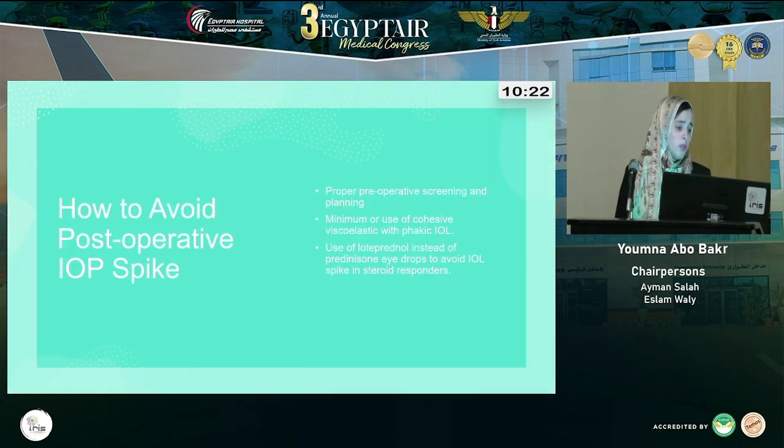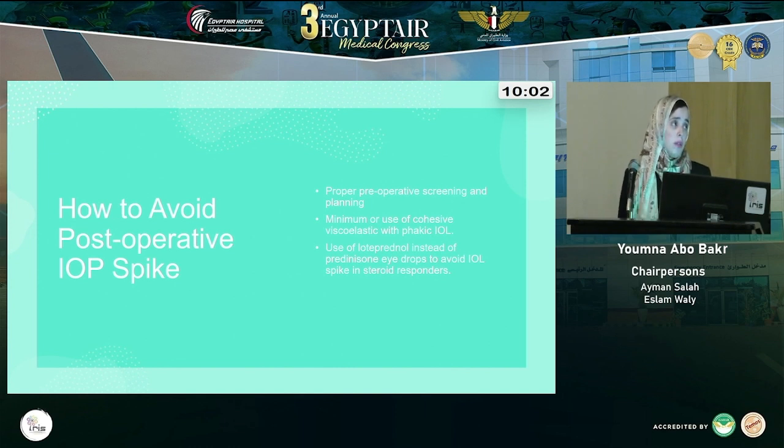So how to avoid the postoperative spike? You can do proper preoperative screening and planning, minimum use of cohesive viscoelastic instead of adhesive viscoelastic, and use of loteprednol instead of prednisolone eye drops to avoid this IOP spike in steroid responders.